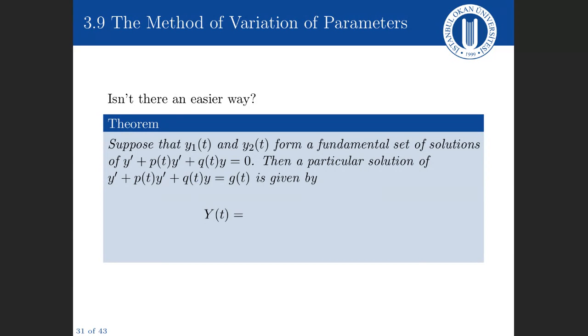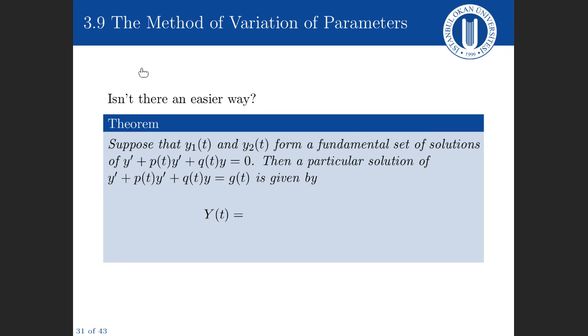First of all, suppose we know that y1 and y2 form a fundamental set of solutions to the homogeneous equation y double prime plus p(t) y prime plus q(t) y is equal to 0. Then we have a nice formula for a particular solution to the non-homogeneous equation.